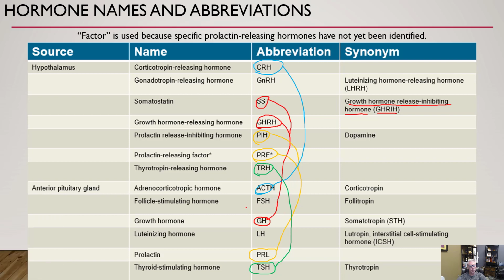All right, so FSH and LH. Those are going to be working together through gonadotropin releasing hormone. GnRH is going to stimulate the release of both LH and FSH.